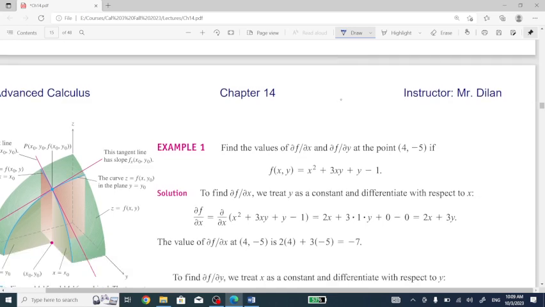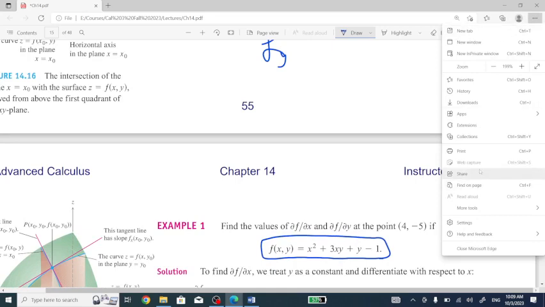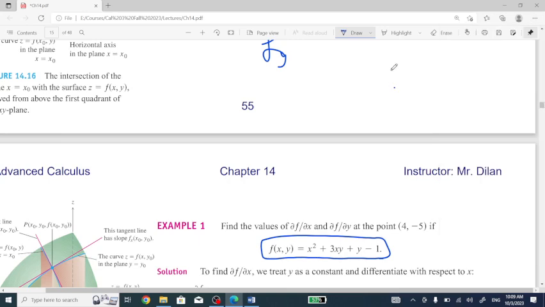Now look here. This is the example. We try to find the derivative of this function.